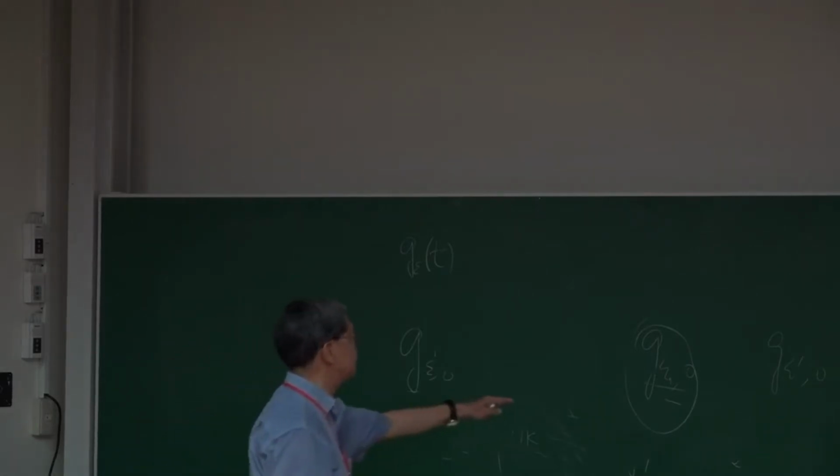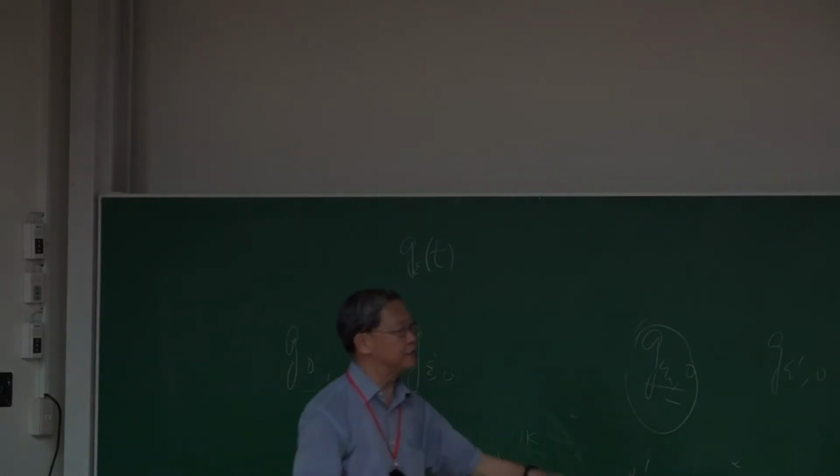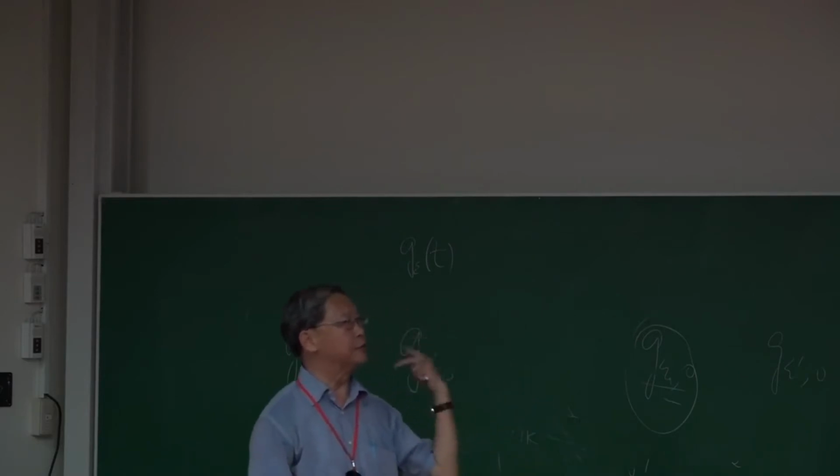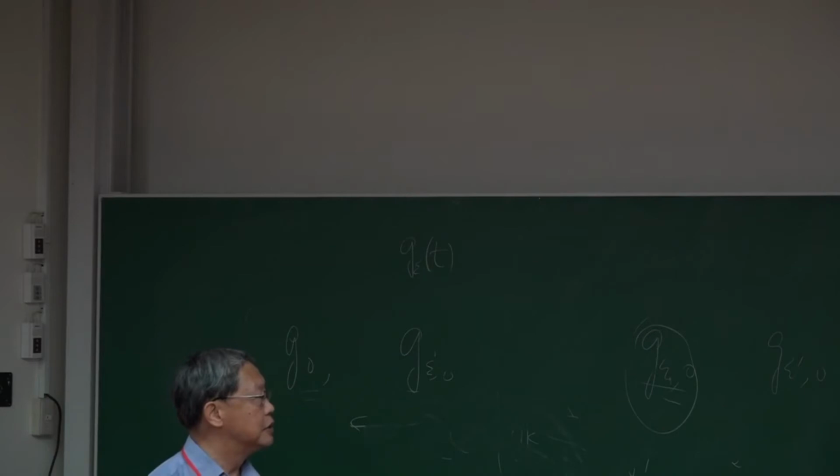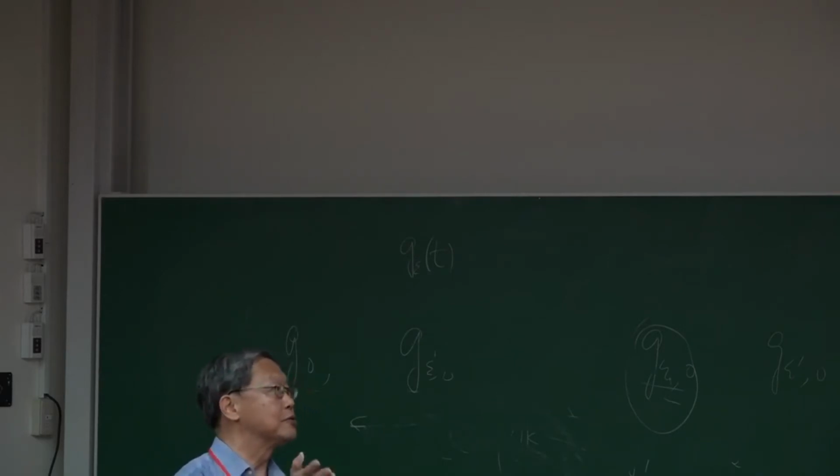Because this initial data are smooth, we can transform it into a Ricci flow, and therefore we can use the equation for the scalar curvature. So if initially the scalar curvature is bounded below by sigma, then of course when you take the Ricci flow, the scalar curvature is still bounded below by sigma.